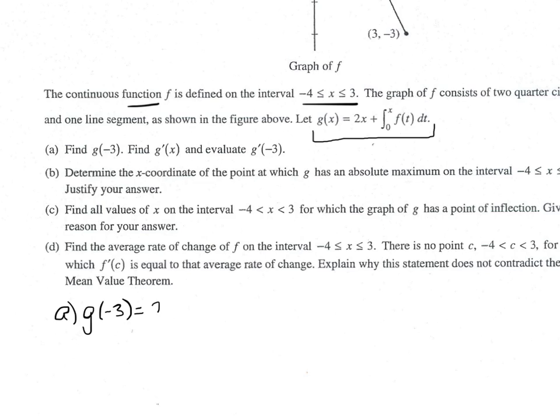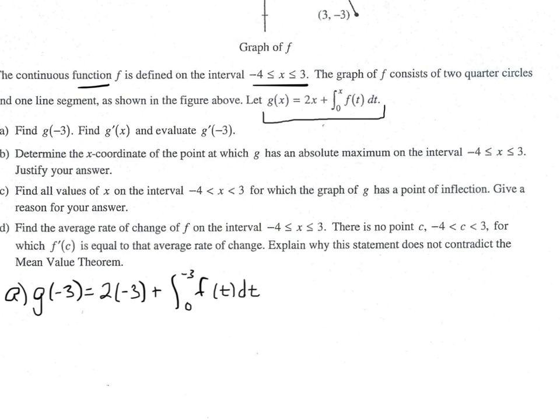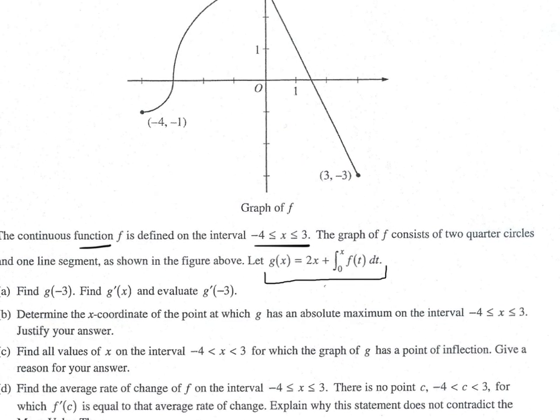So that would be 2 times -3 plus the integral from 0 to -3 of f of t dt. So this is -6. And I'm going to change my limits here. So we've got -6 minus the integral of f of t from -3 to 0.